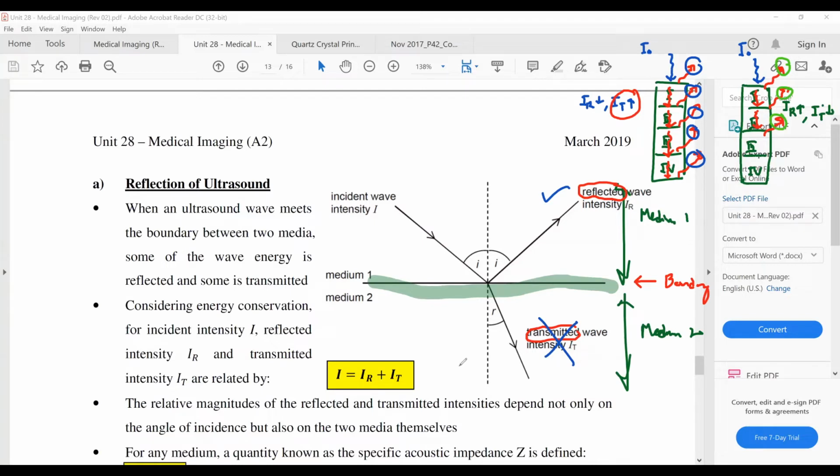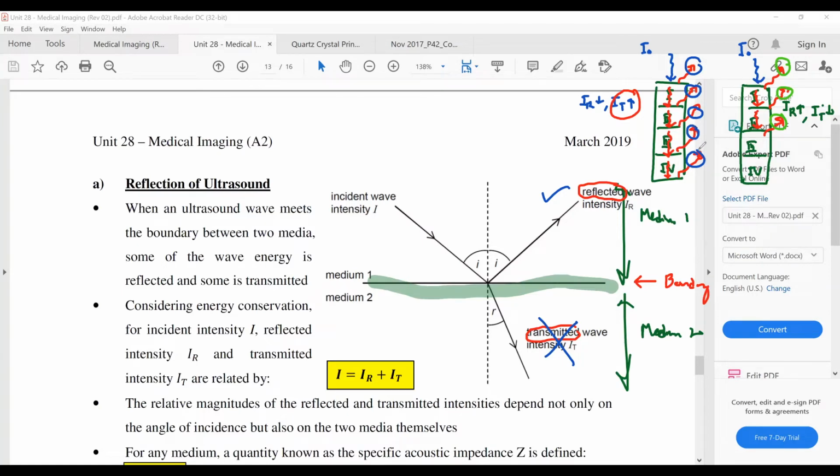So there is a reason why sometimes we want the transmitted intensity to be very large, so that it can keep on going deeper and deeper into your medium, so that it can keep on reflecting and you can use that to produce an image of your body structure. The reflection that you have here, we only need a little. We don't need a lot. Whether it's a lot or a little, it has no effect on the image of the body structure that we are scanning.